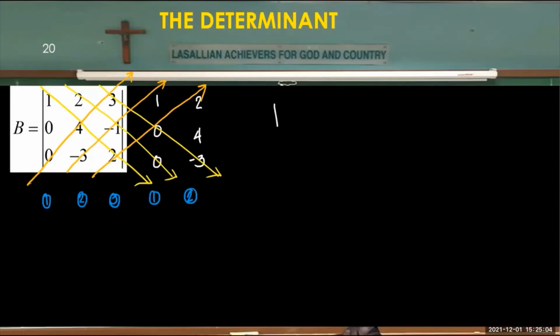So here, the determinant of B is the sum of the main diagonals. Let's go to the main. 1 times 4 times 2 is 8. Plus 2 times negative 1 times 0 is 0. Plus 3 times 0 times negative 3 is 0. Okay, we're done with the main.